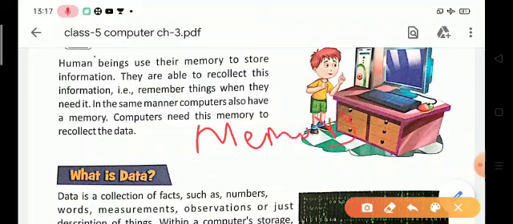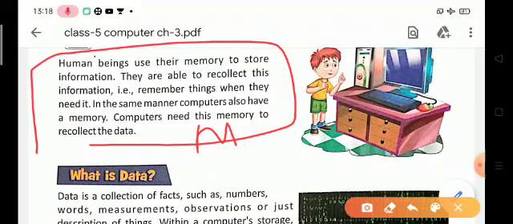A memory is just like a human brain. Just like a human brain, it is used to store data and instructions. In terms of a computer, a memory is the storage space in the computer where data is to be processed and instructions required for processing are stored.